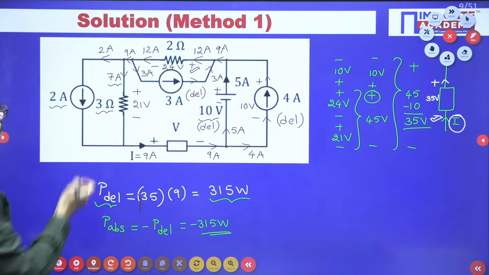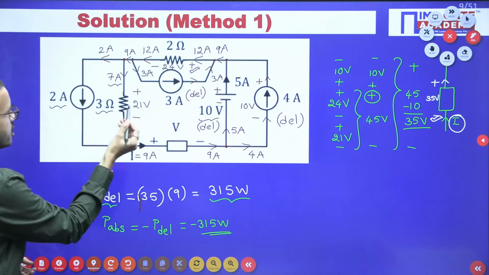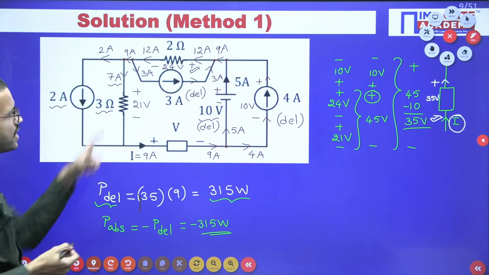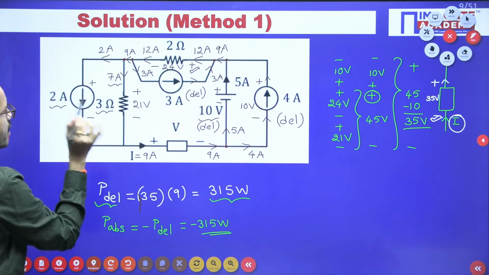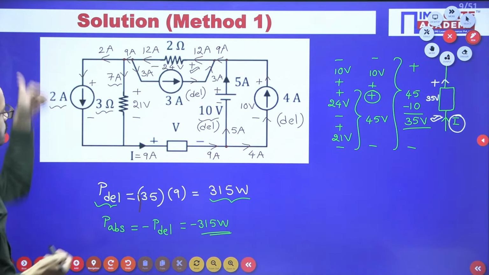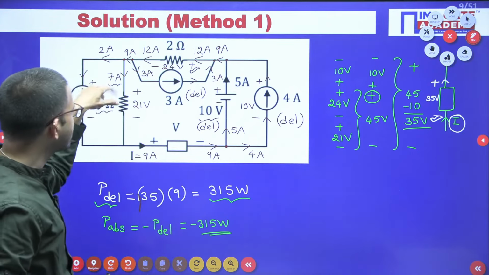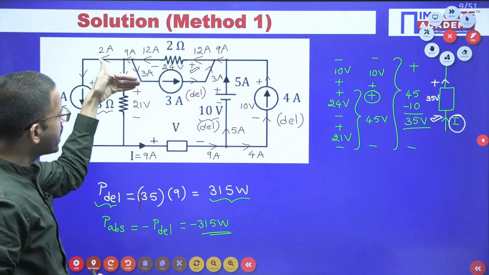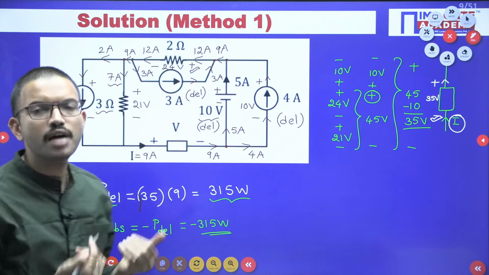It is very simple. How are these 2 elements connected? In parallel, so the same voltage. Here the voltage polarities are plus minus. In this case, current enters at the positive terminal. Passive sign convention: whenever you have a resistor, current always flows from high potential to low potential. So this current source is actually absorbing the power.